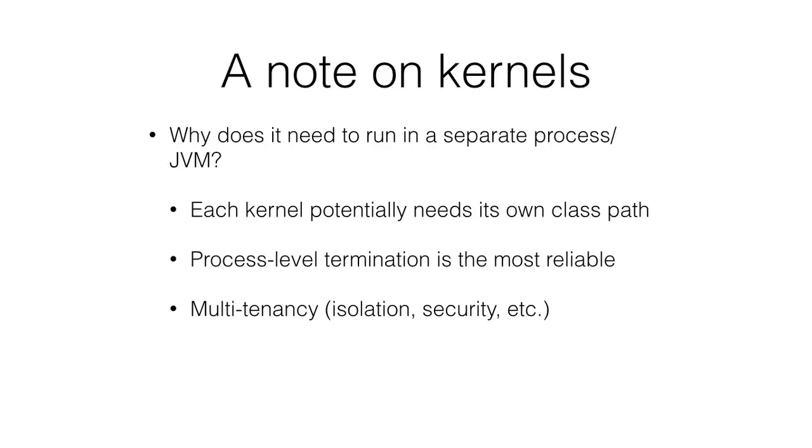One thing that may have been a little subtle that you may have missed is that the kernel where the Scala code is actually running is a child operating system process. That was basically because we needed to support this multi-tenancy use case.